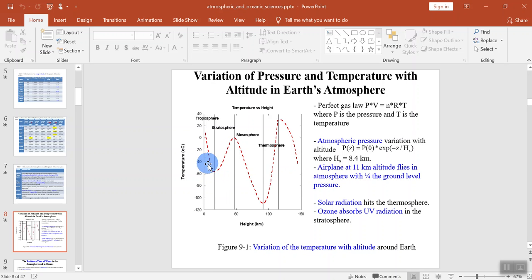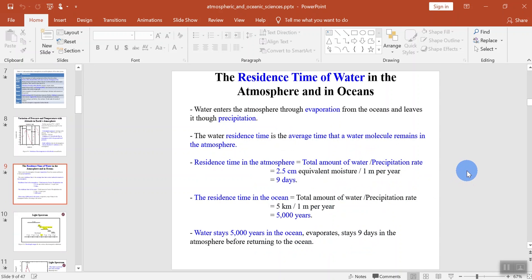So the temperature decreases and then increases here, decreases here when you're going up, and then increases here. This is solar wind, heating up the top of the atmosphere. The pressure always decreases, like an exponential. An airplane at 11 kilometer altitude flies in an atmosphere with a fourth of the ground level pressure.